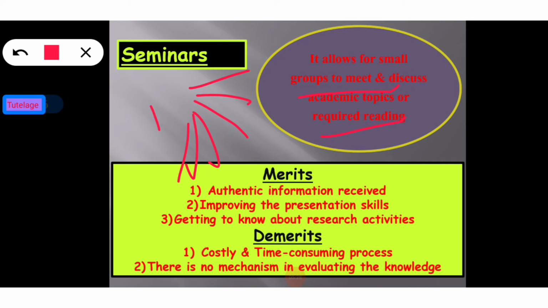So now move on to some merits. Authentic information receipt. Seminars are a great source of information, as the experts of a particular field present the whole topic. So a great quantity of authentic information is received by the participants.